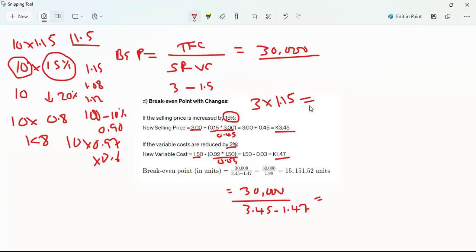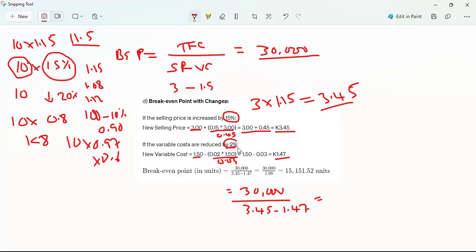So our new price will be 3 times 1.15, which is 3.45, the same as what we've done here. It's a shortcut.